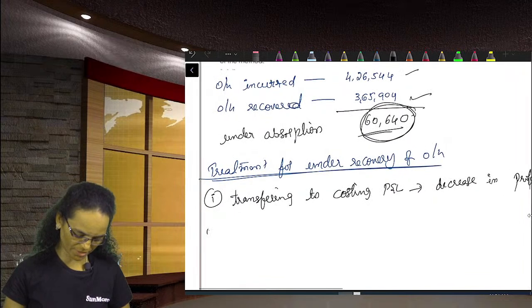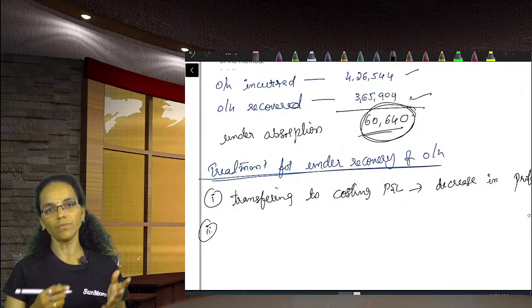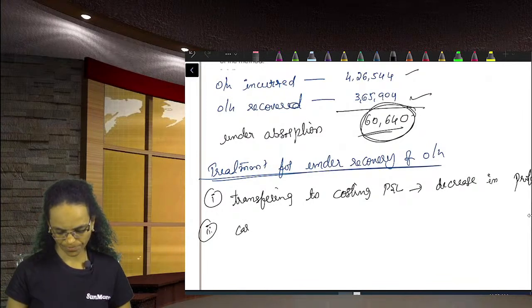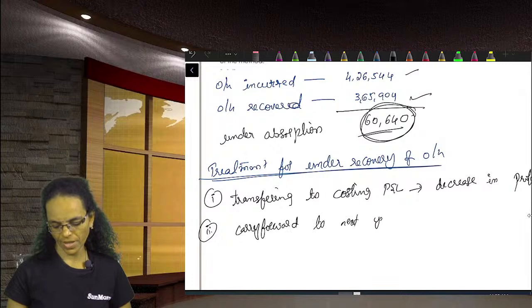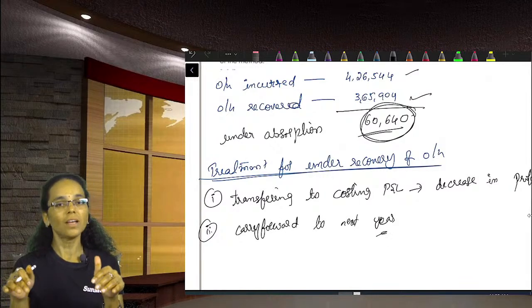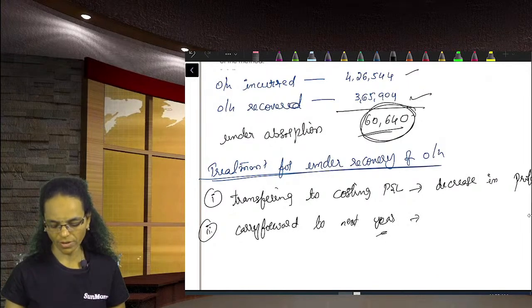Right. First method. Second method, you may carry it forward to the next year. When you are carrying forward this loss to next year, there is no treatment under your costing P&L for this current year. So there is no change in costing P&L.